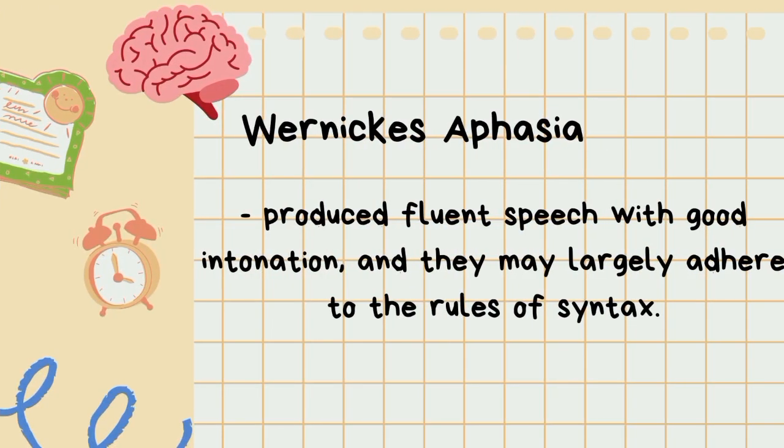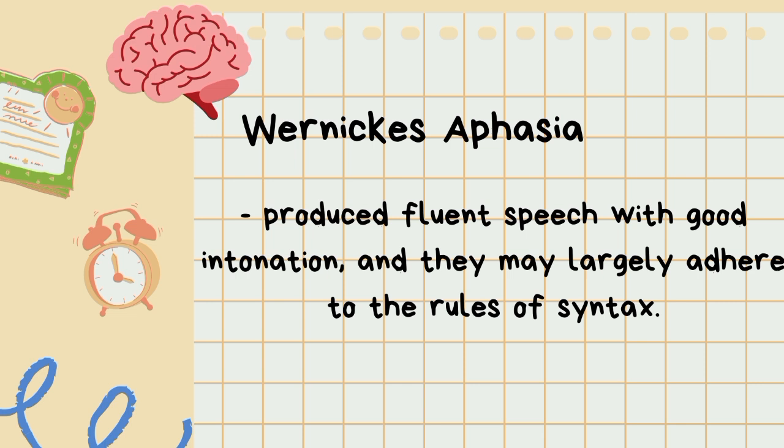Proceed to Wernicke's aphasia. Wernicke's aphasia is a language disorder affecting comprehension. Individuals with Wernicke's aphasia can produce fluent speech, but their speech is often nonsensical, filled with paraphasias or word substitutions and neologisms or made-up words. So they often have difficulty understanding spoken or written language.